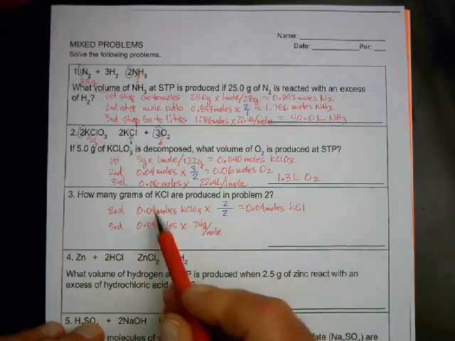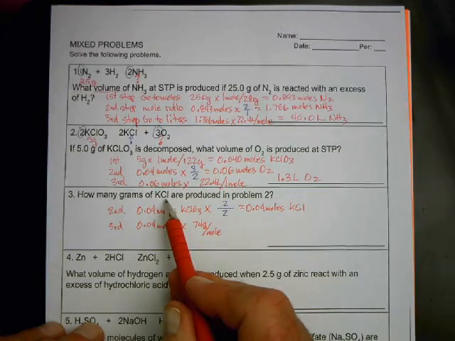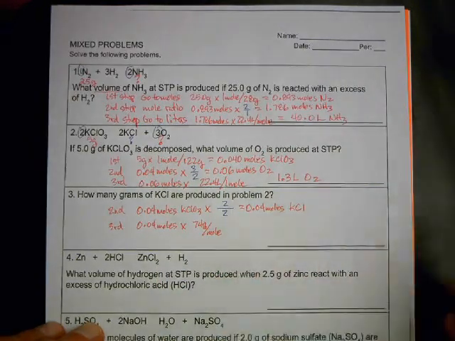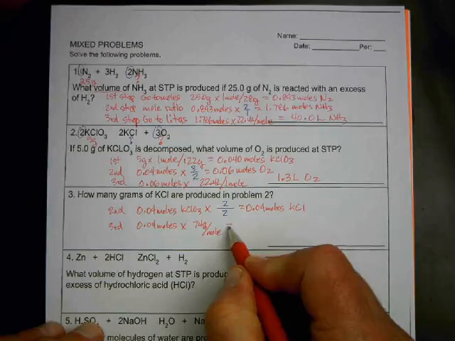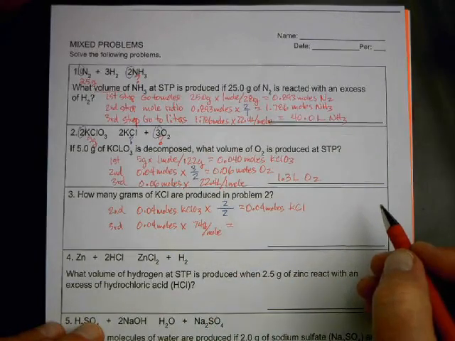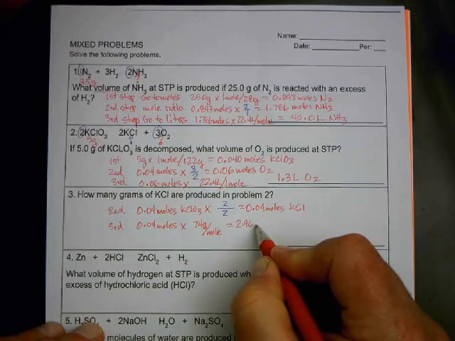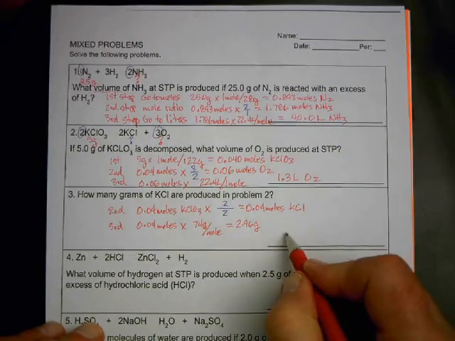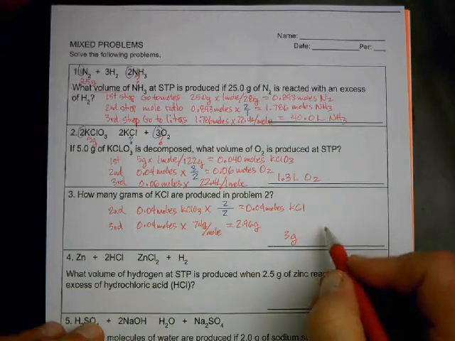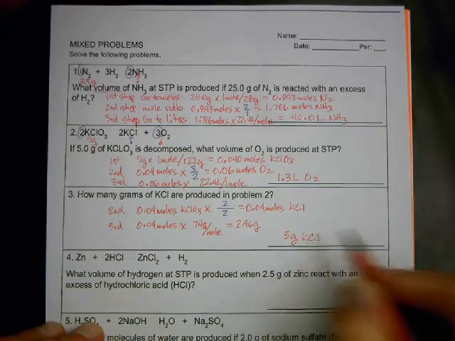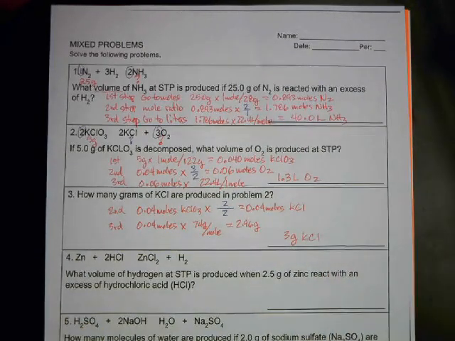Again, 39 for the K, 35 for the Cl, so that's 74. And end up with 2.96 grams, or we could just say 3 grams of KCl. And so I didn't have to redo everything for that one.